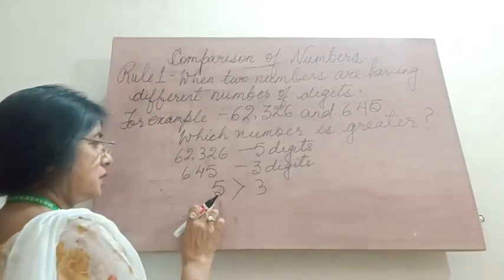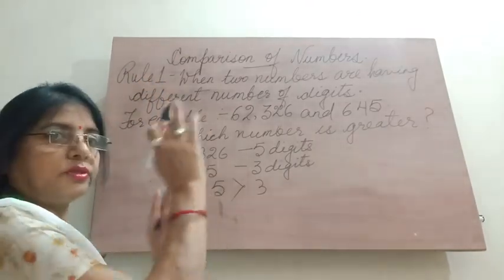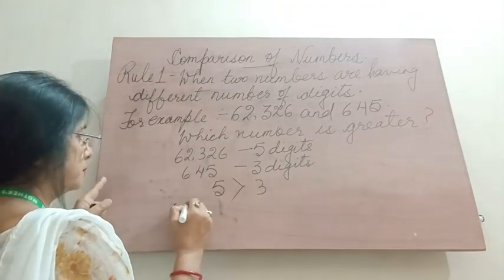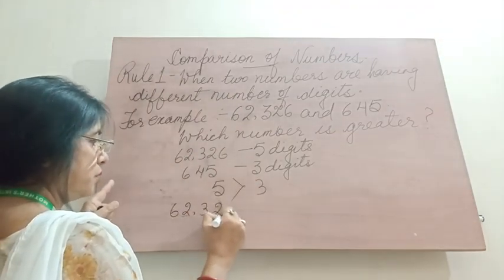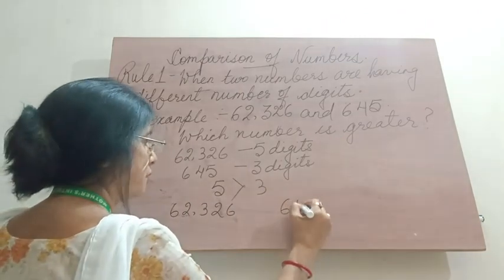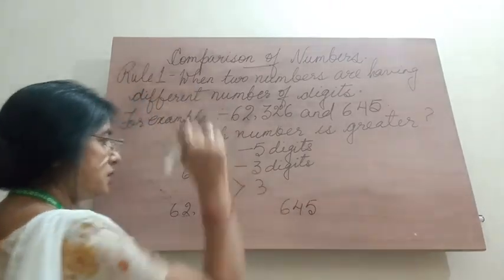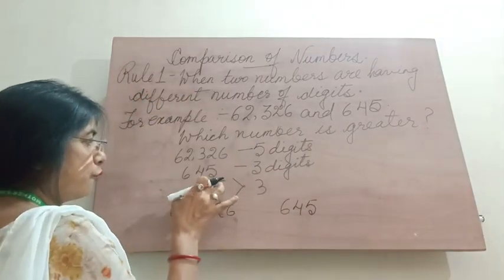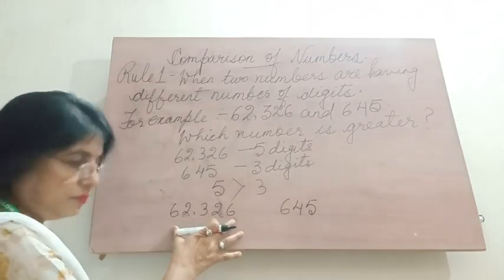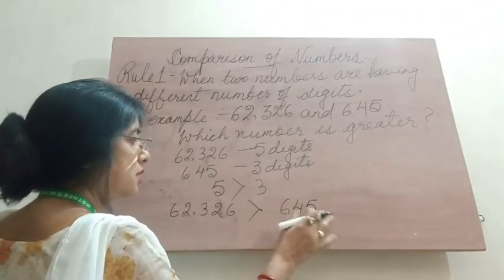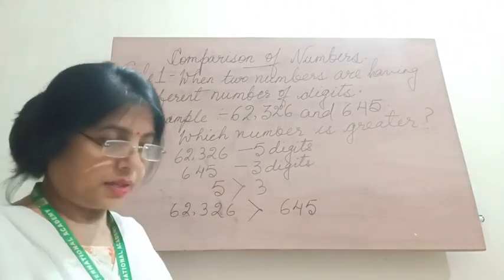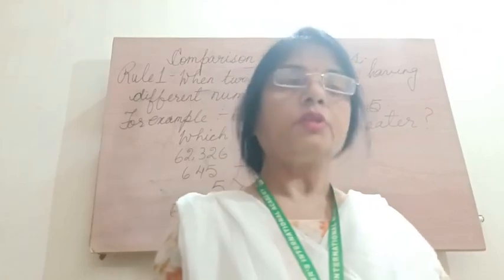So 62,326 is greater than 645. The number having 5 digits is greater than the number having 3 digits. I think you have understood the first rule.